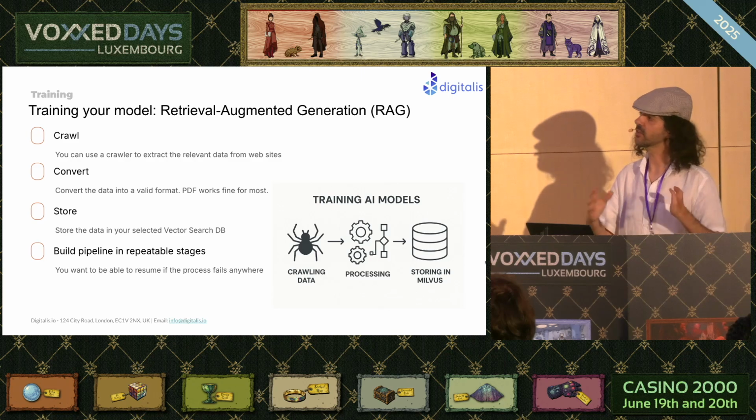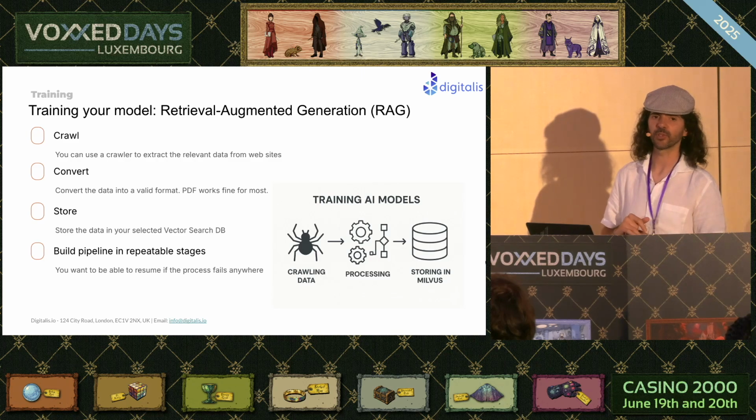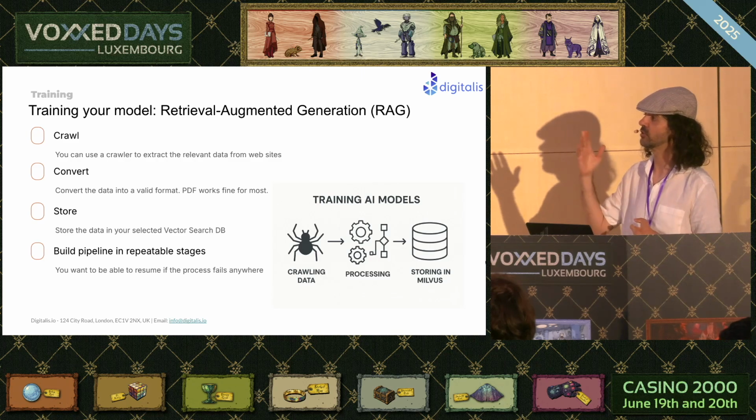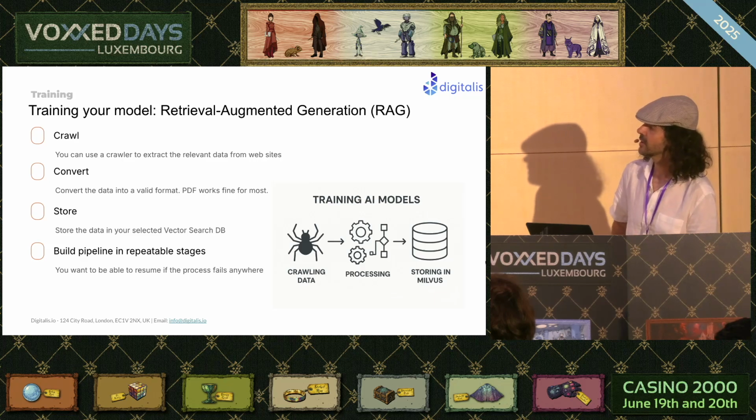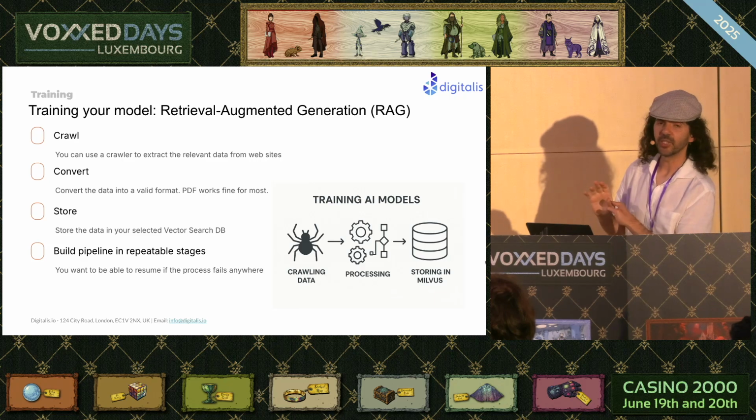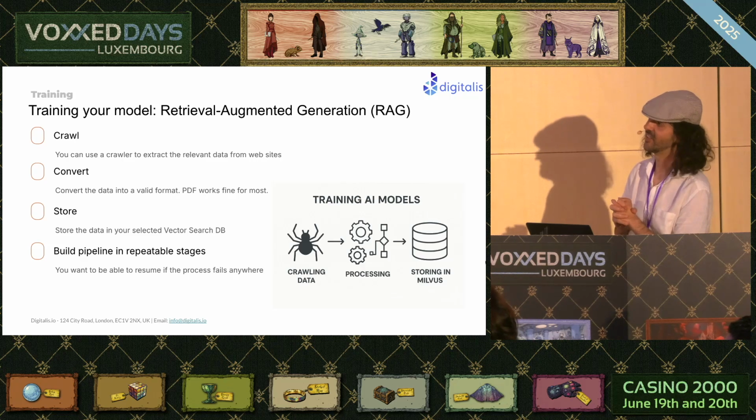It amalgamates all the data into an easy place for the training to occur. We found that PDFs and TXT are the ones that work the best for training. But you can actually, in fact, use Word documents if you want, even Excel. But I don't recommend it.